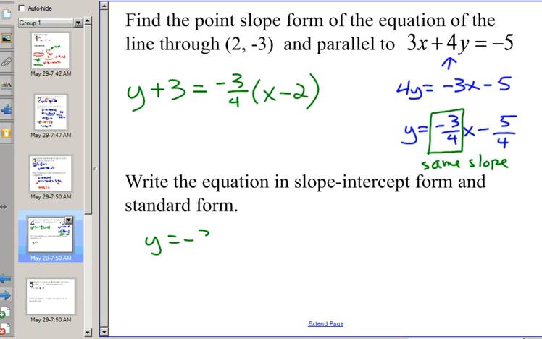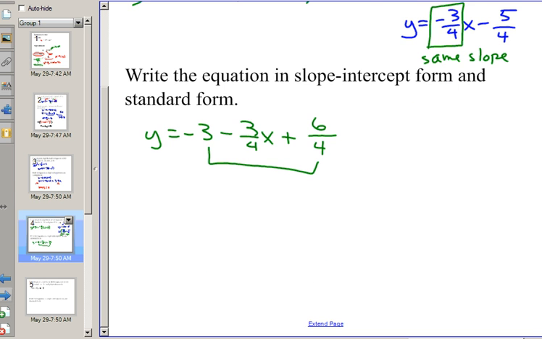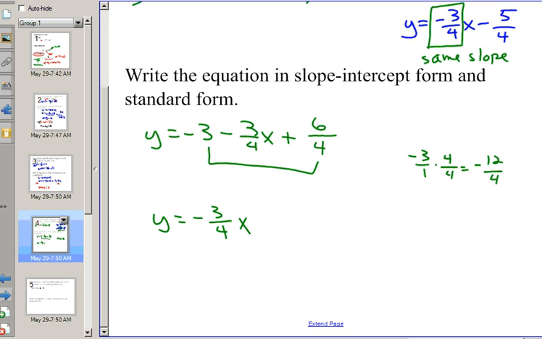So y is -3 minus 3/4 x, and then it's going to be plus 6/4. And I can combine my like terms right here. I'll still have a -3/4 x, -3, and I want it in terms of fourths, so that's -12/4 plus 6/4 is going to be minus 6/4.